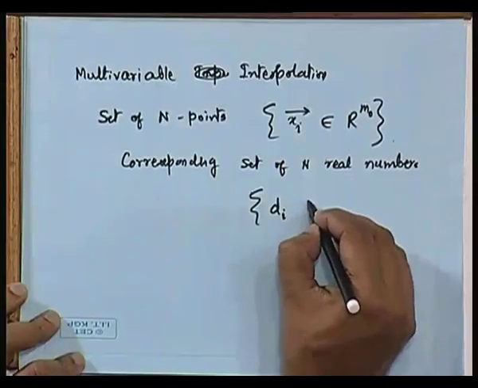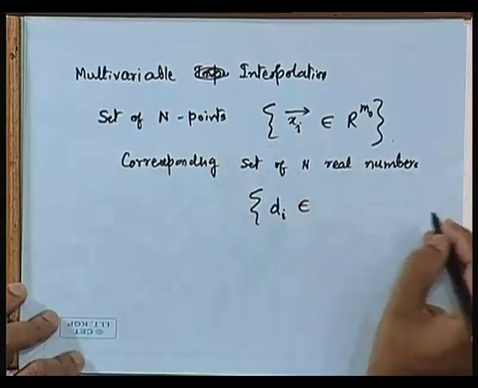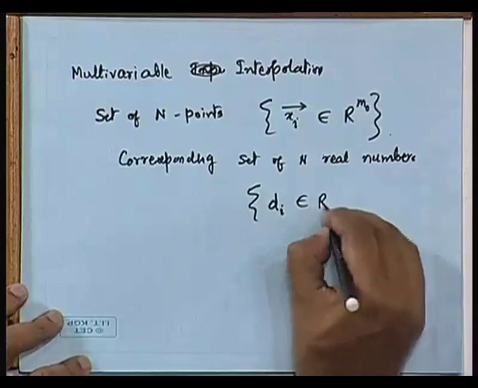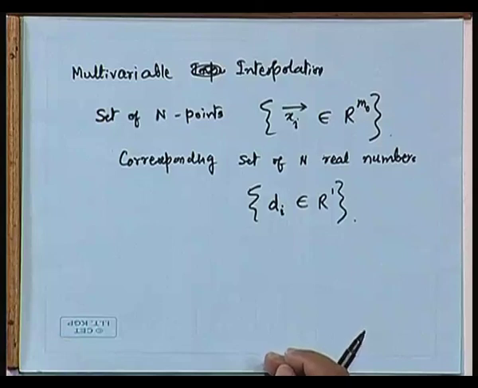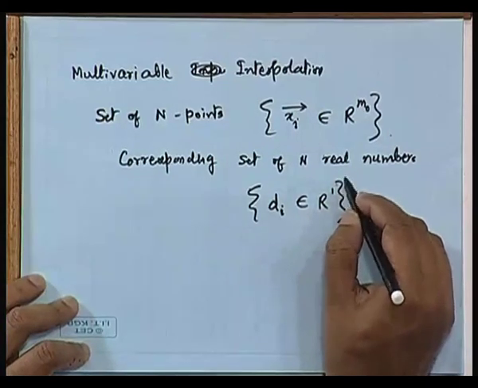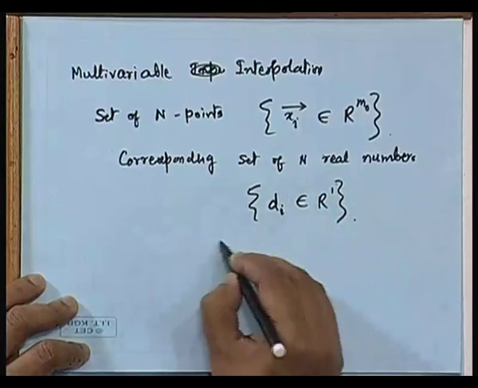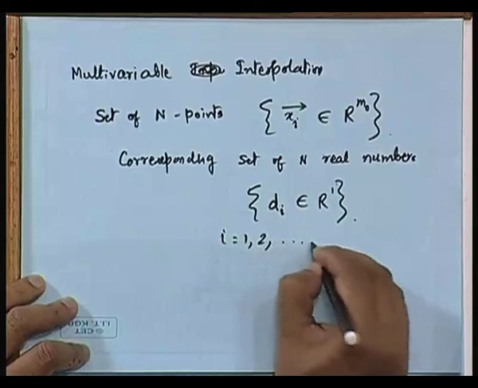So, we are feeding the xi vector, and correspondingly the output is di, which is a real number. In fact, because we are taking only a single neuron as the output, the output is in 1 dimensional space. So, di belongs to the R1 space, and for both of these, i could be 1, 2, etc. up to n.